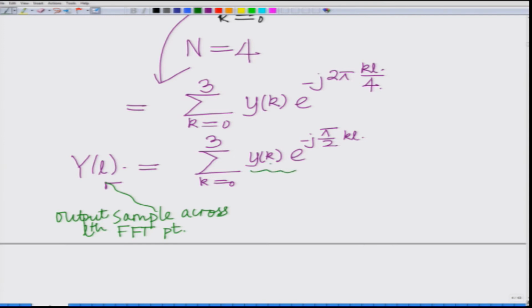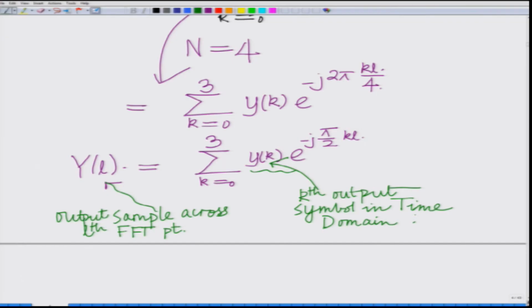For instance, y_k is the kth output symbol in the time domain. Small y's are the output symbols in the time domain, capital Y's are the output samples in the frequency domain. You take the FFT of the small y's, and what you will get are the capital Y's, which are the output samples in the frequency domain across the various FFT points.